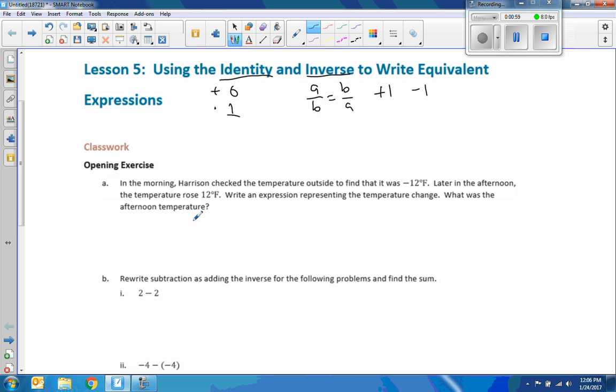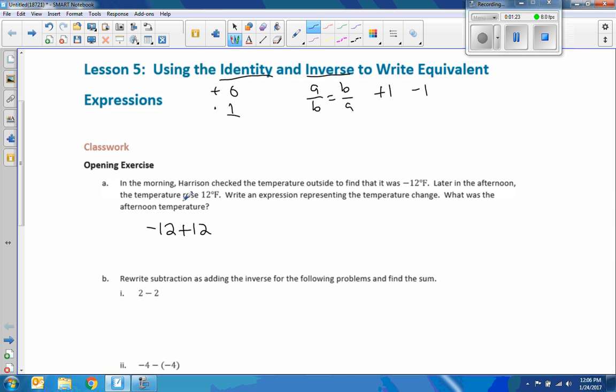So an expression that represented the temperature change was, we started at negative 12 degrees, and it rose 12. It says, later in the afternoon, the temperature rose 12 degrees Fahrenheit. It didn't say rose to 12 degrees Fahrenheit. It increased 12 degrees. So I would put plus 12.